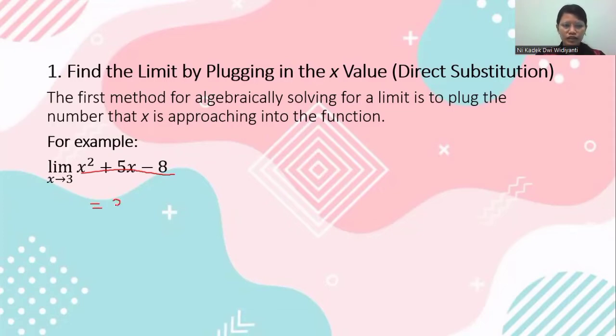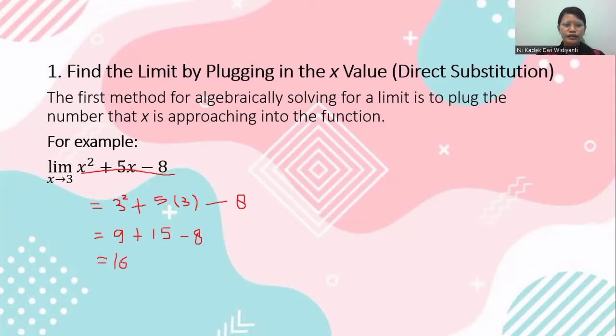It equals 3 squared plus 5 multiplied by 3 minus 8. 3 squared equals 9, plus 5 multiplied by 3 is 15, minus 8, equals 16.